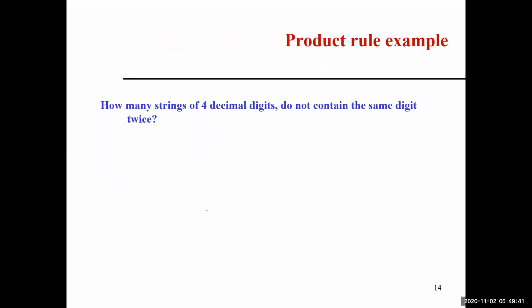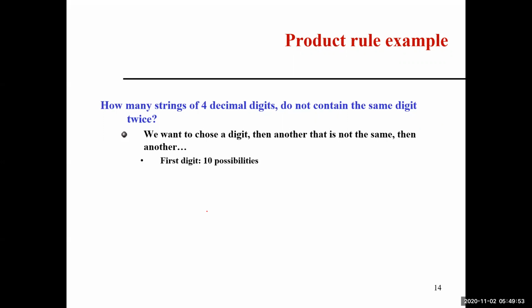Let's go to the next example. How many strings of 4 decimal digits do not contain the same digit twice? To answer this question, we want to choose a digit, then another that is not the same, and then another. For the first position, we have 10 possibilities. For the second, we have 9 possibilities because the first digit we cannot choose again. We do not want the same digit twice.